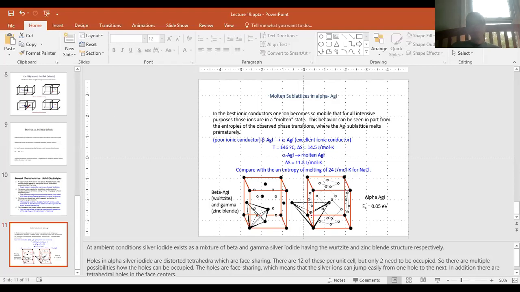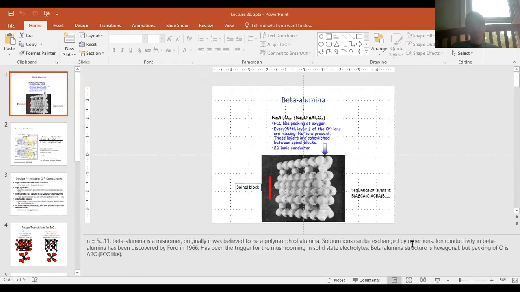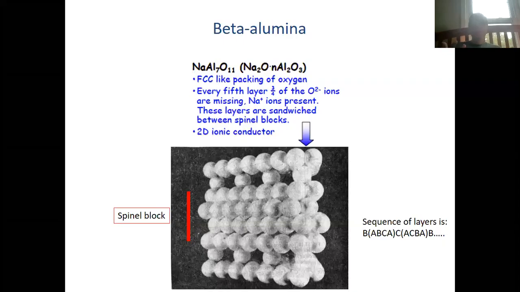Which is beta-alumina. And beta-alumina is a sodium ion conductor. So beta-alumina is a sodium aluminum oxide.